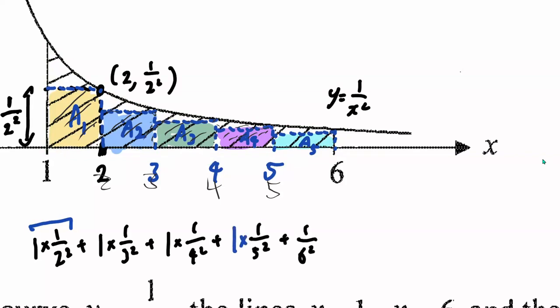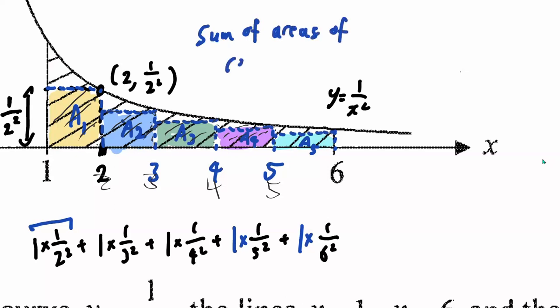Maybe it would be nice if you just label like this, A1, A2 until A5, and then tell them that the sum of the areas of these rectangles is strictly less than the exact area under the curve.